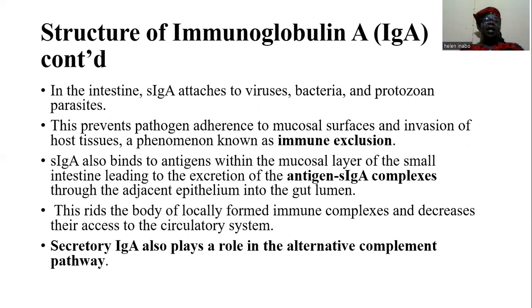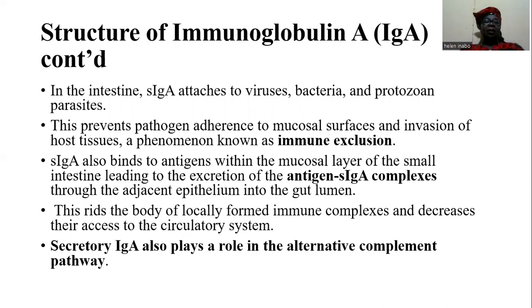In the intestine, secretory IgA attaches to viruses, bacteria, and protozoan parasites. This prevents adherence of pathogens to mucosal surfaces and invasion of host tissues, a phenomenon which is known as immune exclusion. Secretory IgA also binds to antigens within the mucosal layer of the small intestine, leading to the excretion of the antigen secretory IgA complexes through the adjacent epithelium into the gut lumen.